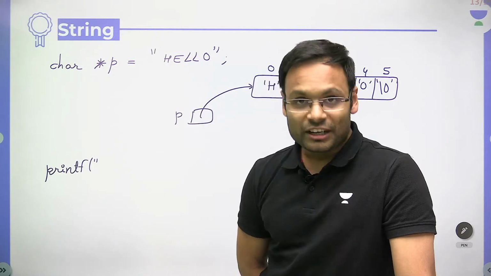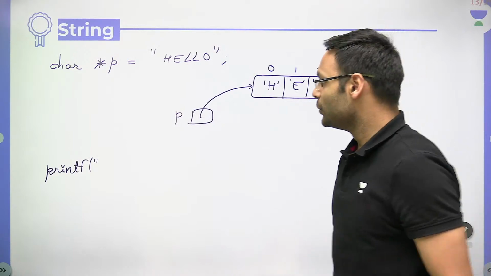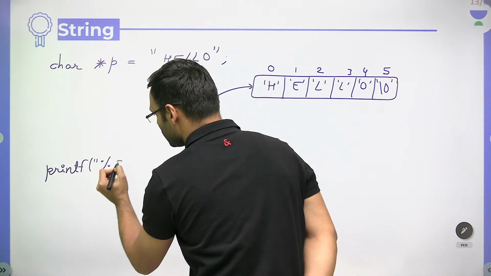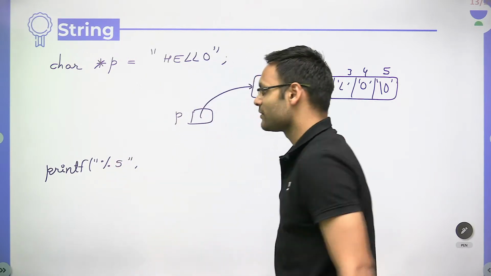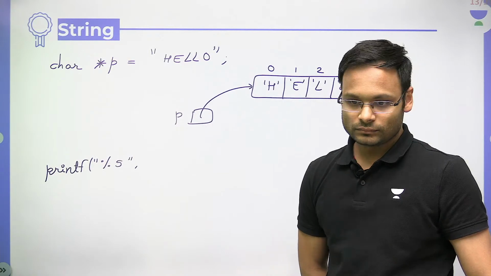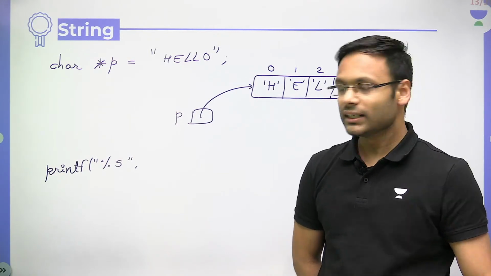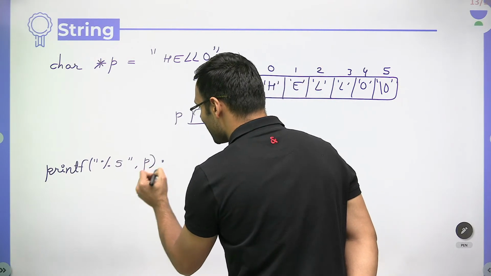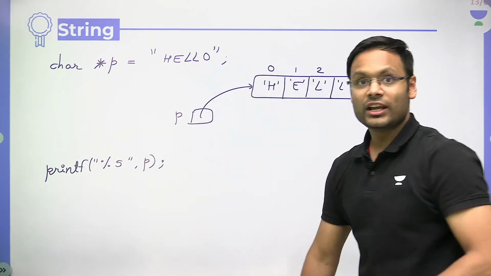Either you can use some functions or you can utilize a string format specifier, %s. What you will write? %s comma p. That's it. Starting from address p, there is a string, print it.